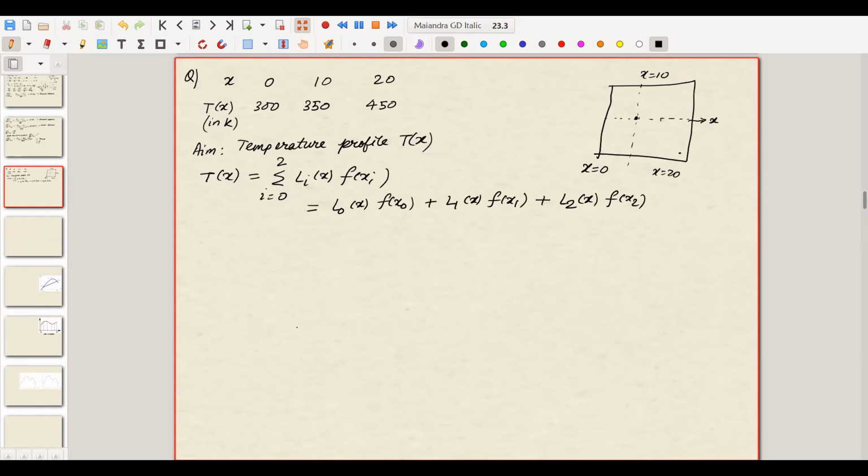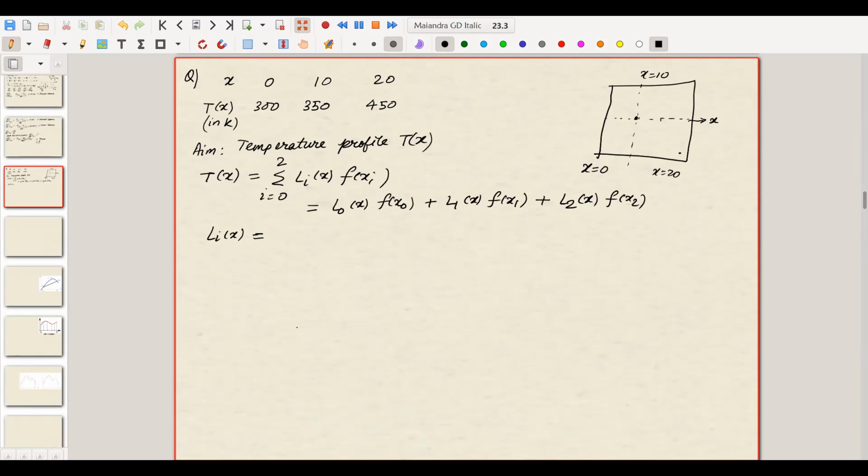So how do these Lagrange polynomials look? Any ideas from your previous semester? How does Li of x look?